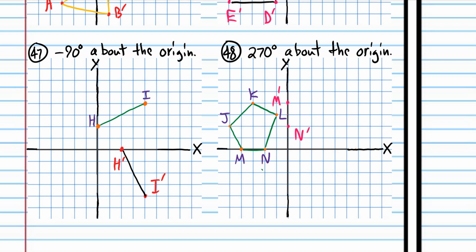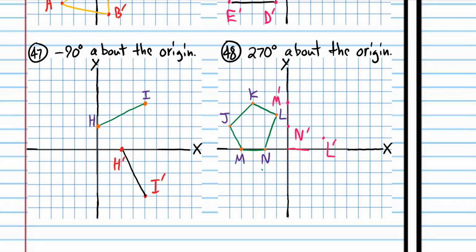And then L, we go up 1, 2, 3, and then over 2. So rotate that, and we have 1, 2, 3, and then 1. So that's L prime. And K, we go up 1, 2, 3, 4, and then over 1, 2, 3, so 4, 3.